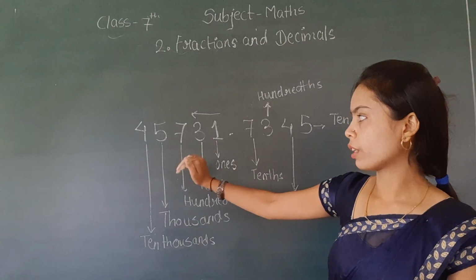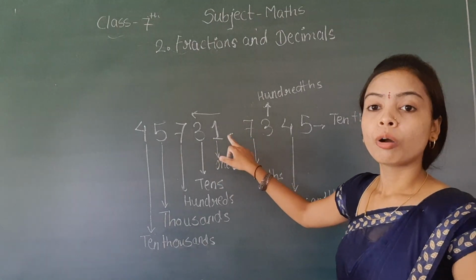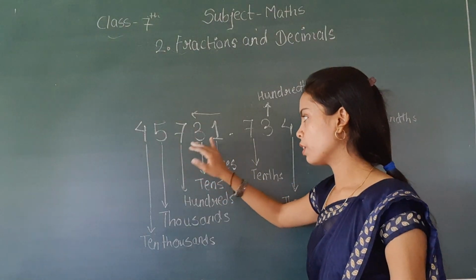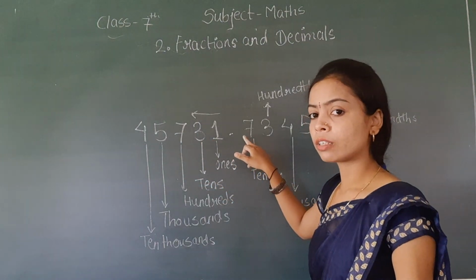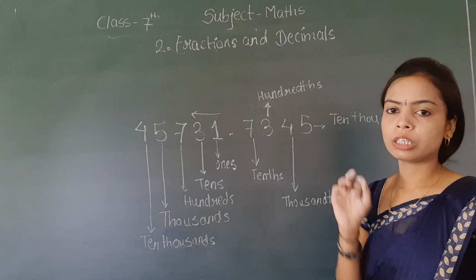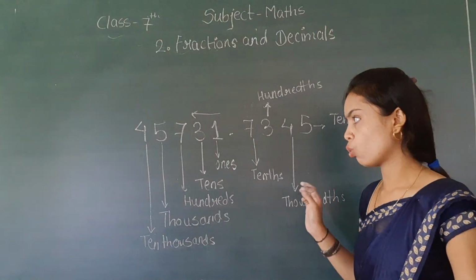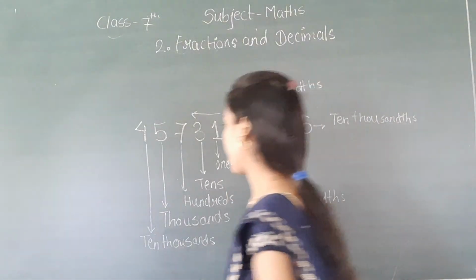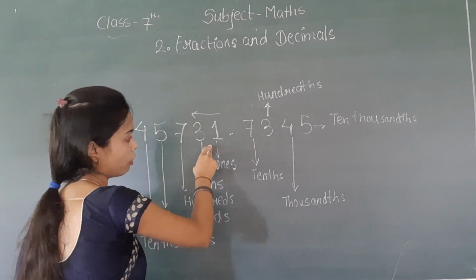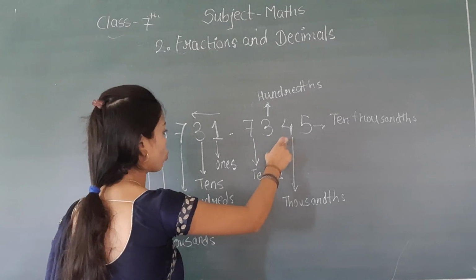Okay, so 45,731 point, we call it a point. And the digits after this decimal point you read individually. आप उसे एक एक करके रीड करोगे, so we read the number as 45,731.7345.